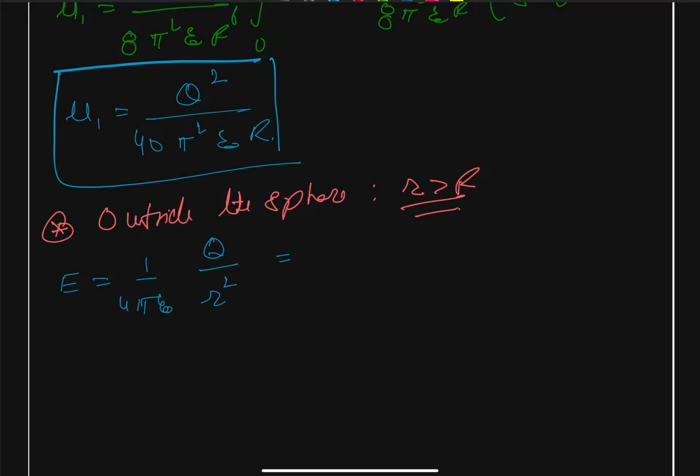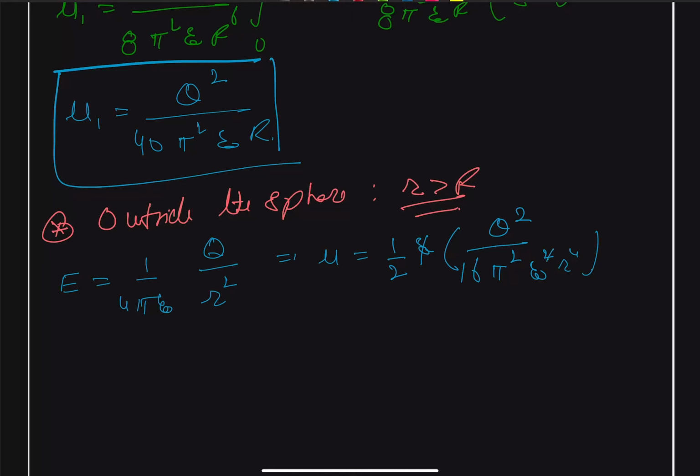From here we can write our energy density u will be equal to 1 upon 2 epsilon naught times electric field square, that is Q square upon 16 pi square epsilon naught square r raised to power 4, and here epsilon naught square goes away.